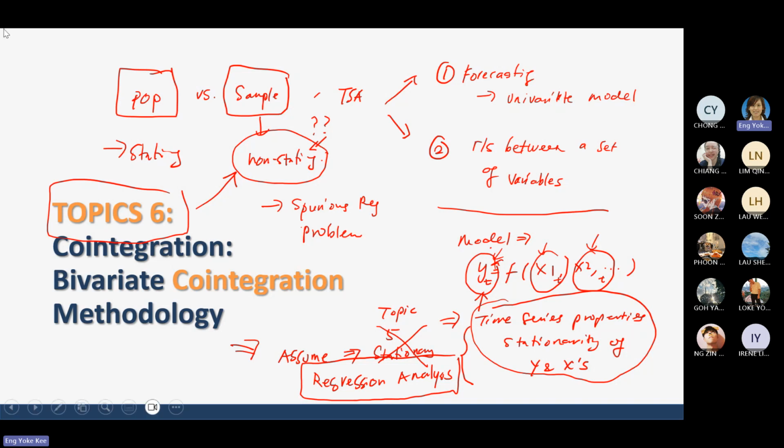That is one of the issues we are going to examine today. What happens if the data are non-stationary? So in this lecture, I'm going to introduce you to a new concept called co-integration. This basically means long run co-movement.